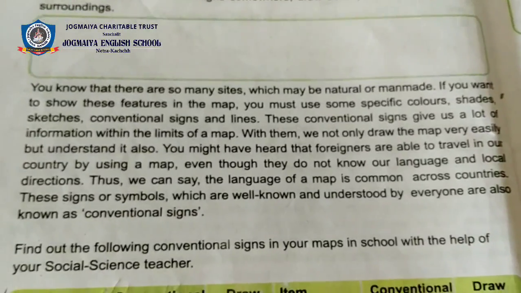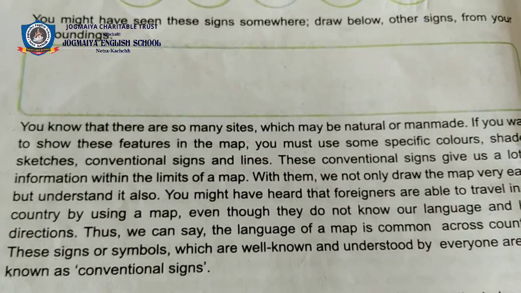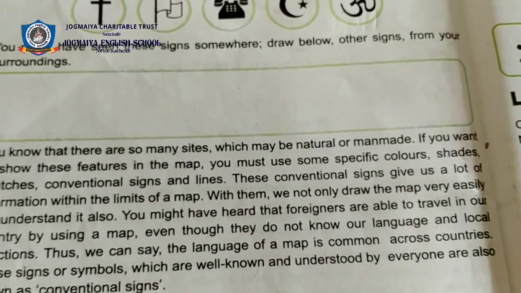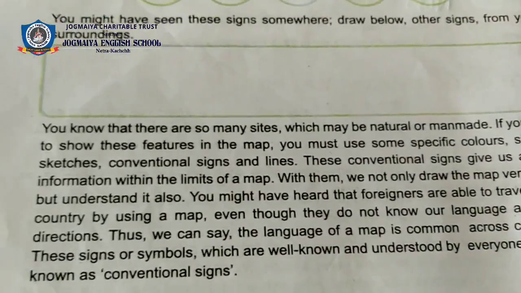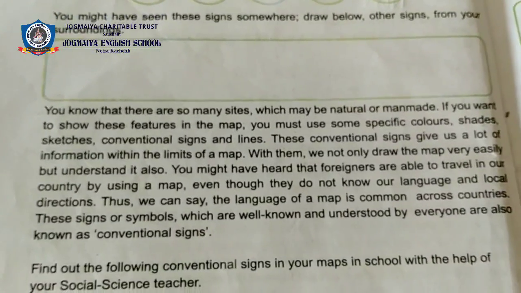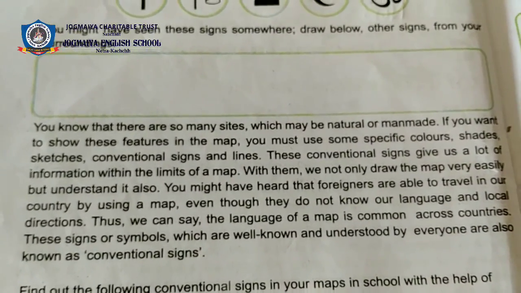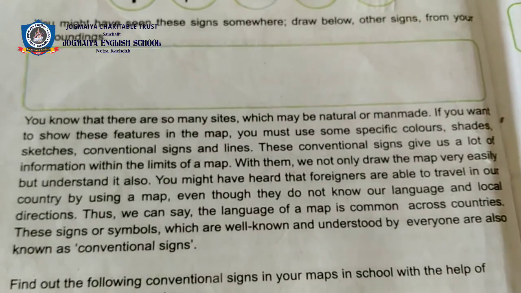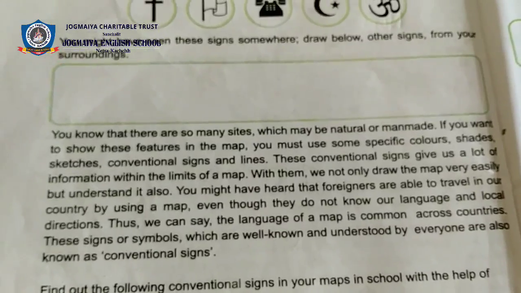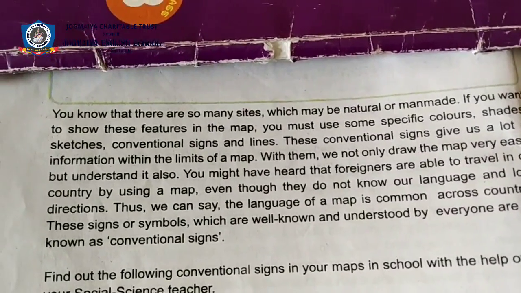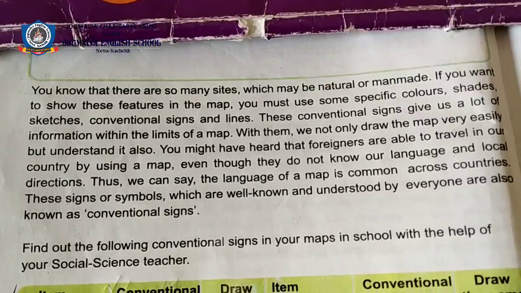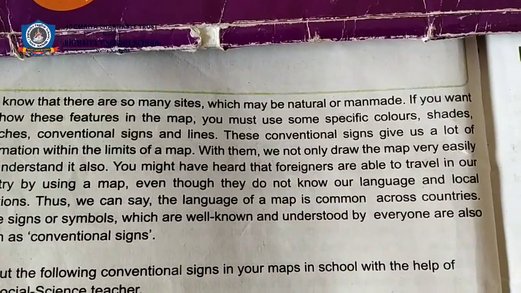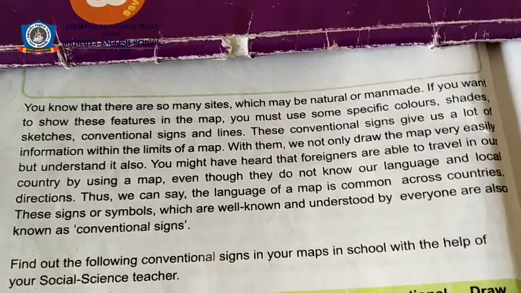You know that there are so many sites which may be natural or man-made. If you want to show these features on the map, you must use some specific colors, shades, sketches, conventional signs and lines.